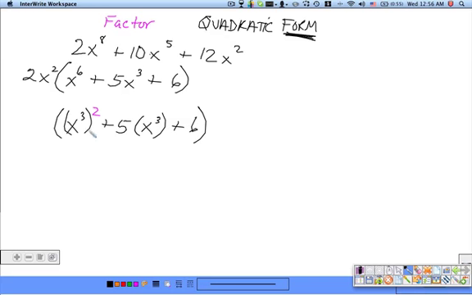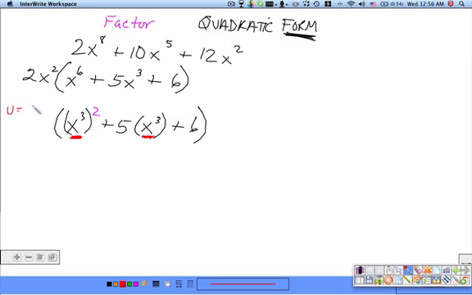Now, look at this right here. X to the 3rd squared plus 5 times x to the 3rd plus 6. Watch what I'm going to do. Instead of x to the 3rd, I'm just going to take that out of there. And off to the side, I'm going to do this.